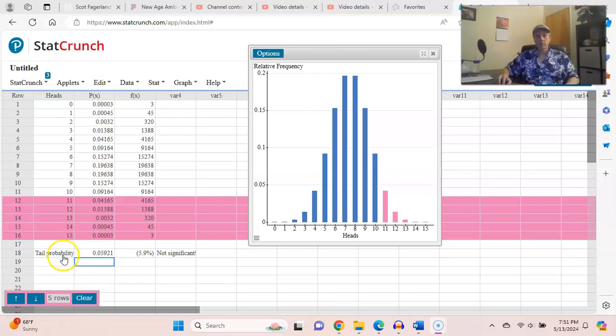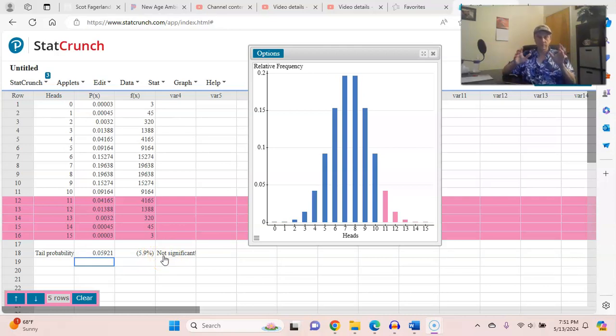The probability of flipping 11 or more heads adds up to about 5.9%. If you add all these probabilities together, you get this tail probability of 0.05921 or 5.9%. And that's above our 5% threshold.